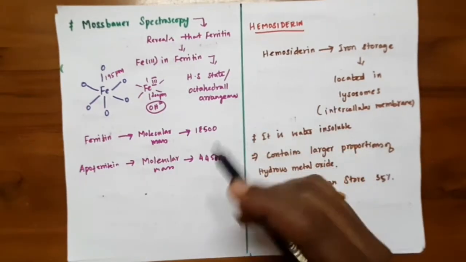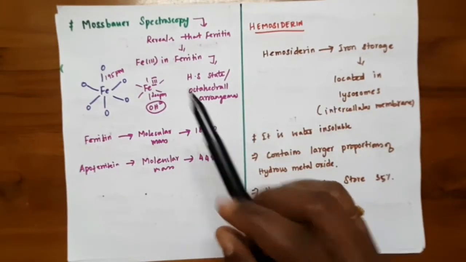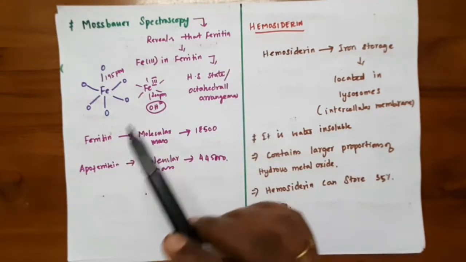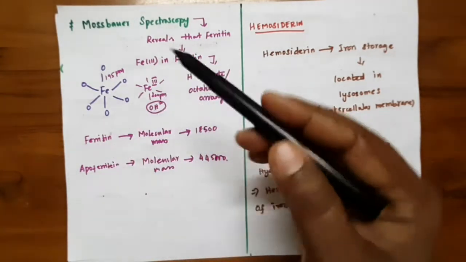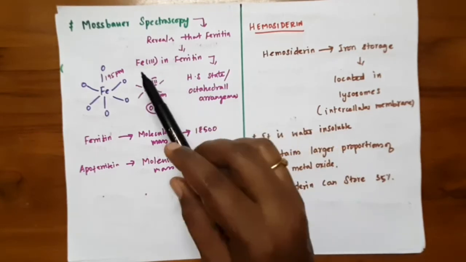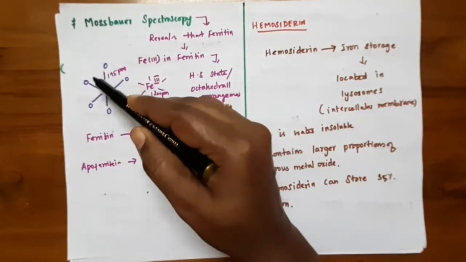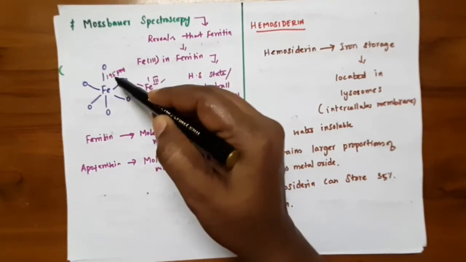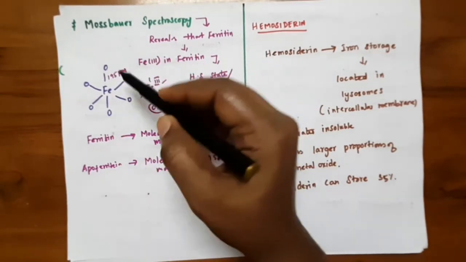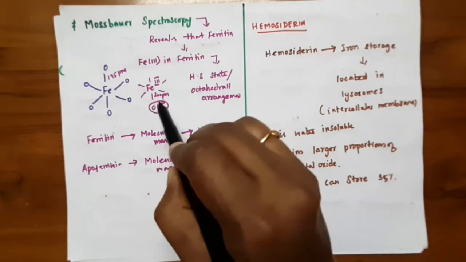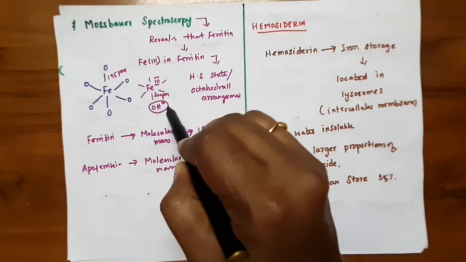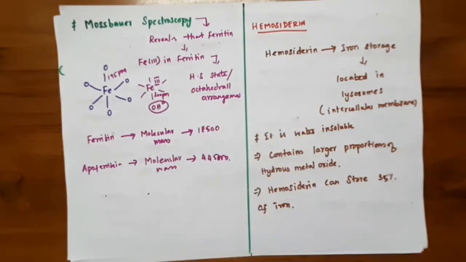When ferritin is studied by Mossbauer spectroscopy, it reveals that the ferritin molecule contains Fe3+ in the plus 3 oxidation state. This Fe3+ is surrounded by 6 oxygen atoms with a distance of 195 pm, and at a distance of 300 pm there are some hydroxyl ions also present in the unit.